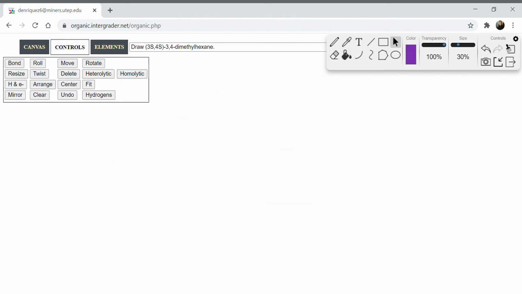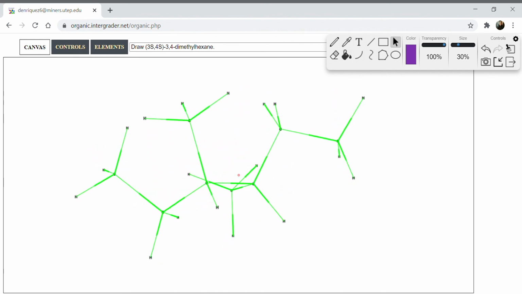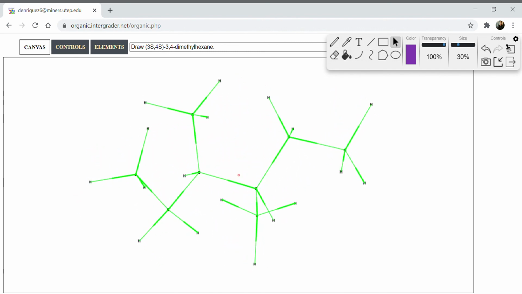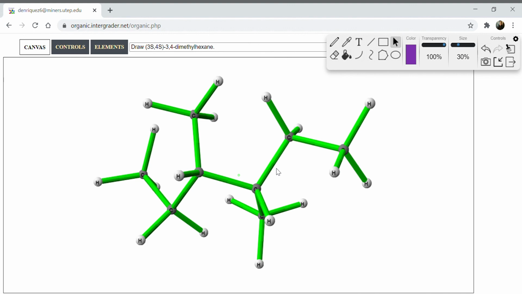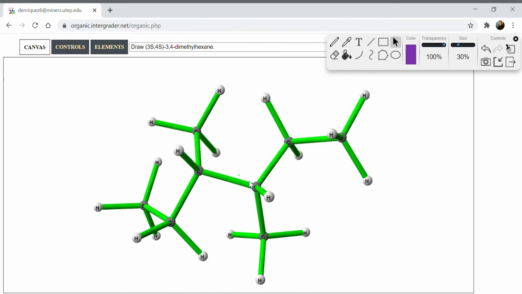Let's see if that worked. So this is the one we're observing on the 4th position. We've got our highest priority here with 2 carbons, 1 hydrogen, then 1 carbon, 2 hydrogens.